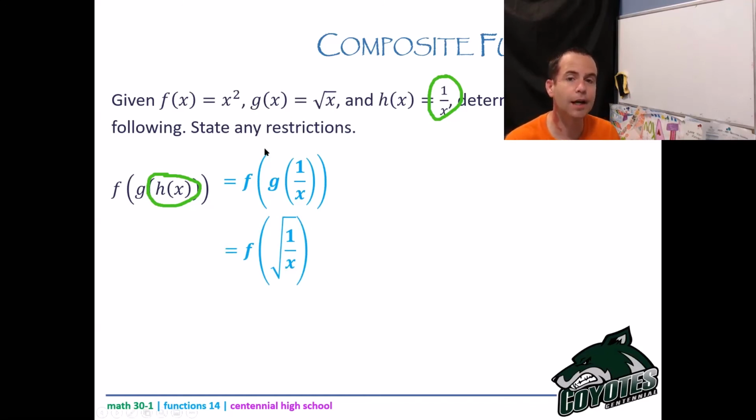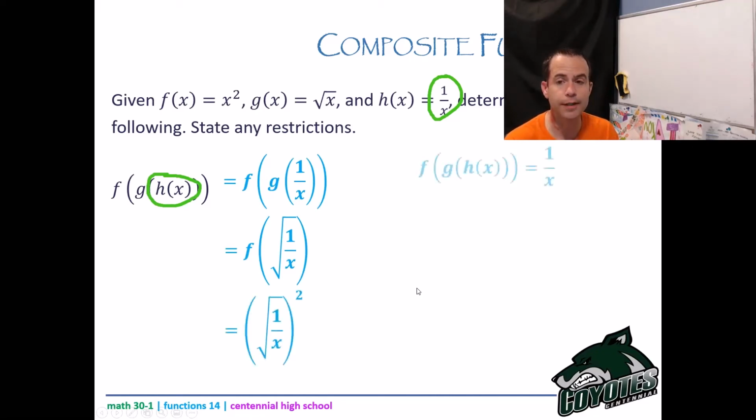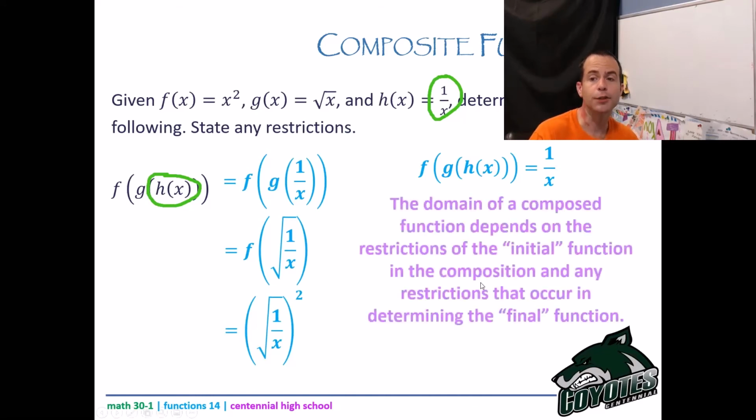Then I'm going to plug this into my f equation, which is x squared. So I'm going to take this and I'm going to square it. And when I square it, that leaves me with just 1 over x. The restrictions that have occurred along the way, though, are still there, okay? So my restriction, see, I had a note there for you.